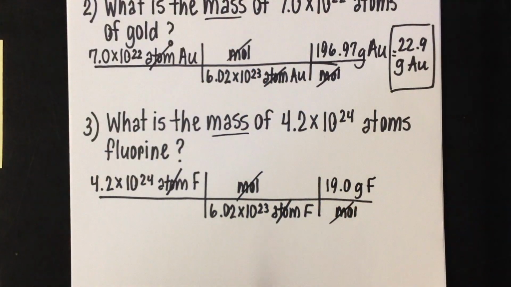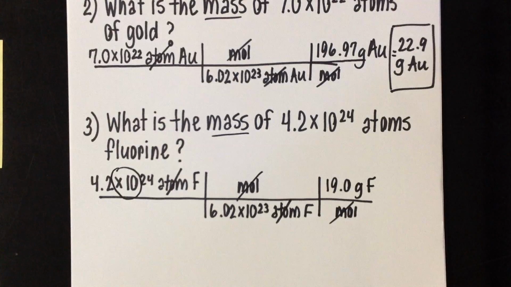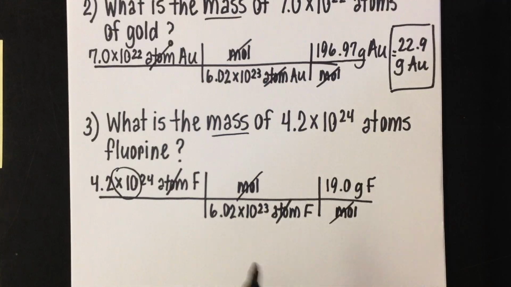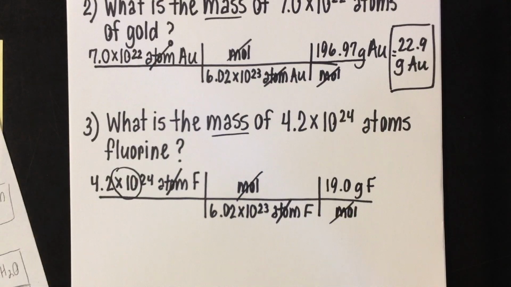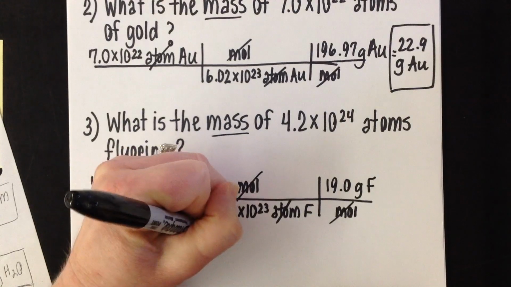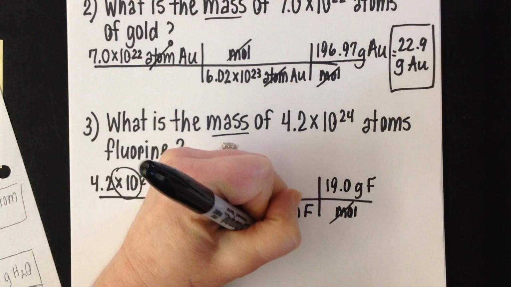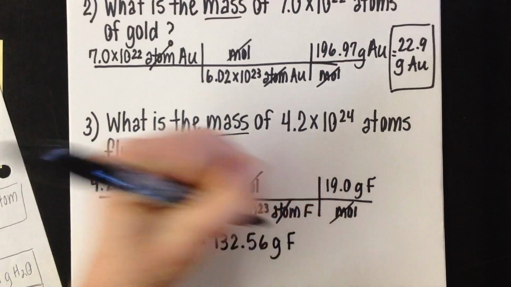I'm good to go. So you're going to multiply 4.2 times 10 to the 24th. Gentle reminder here. Remember, you hit your exponent button there on your calculator. So this times 19.0 equals divided by 6.02 times 10 to the 23rd. And your answer is 132.56 grams of fluorine.